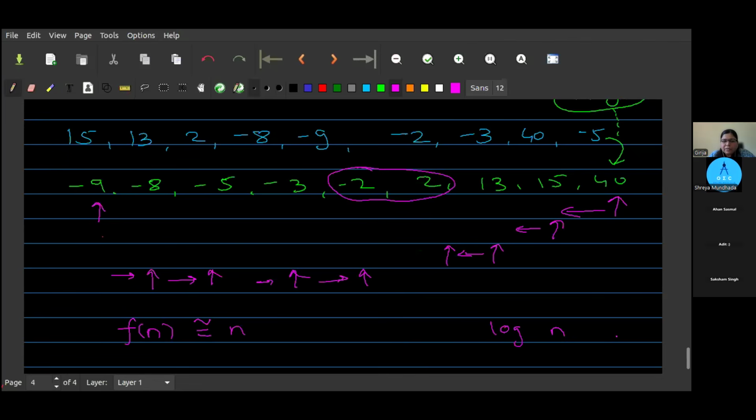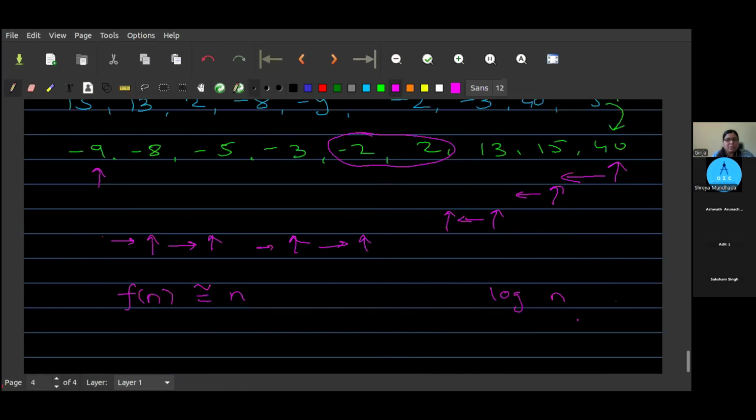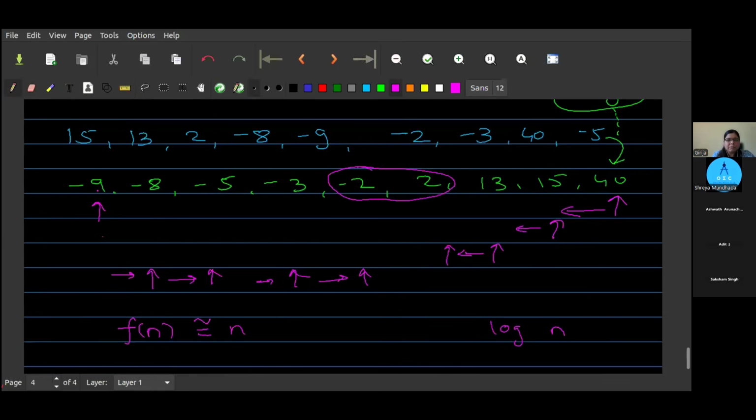Does anybody think that it will take more than n, something like quadratic in n? Earlier we required quadratic because we couldn't miss a pair, and there are nC2 many pairs. So it can possibly take that many. But now we are still looking at the pairs, but since we have this sorted order, every time we are reducing our problem size by one, either from the left side or from the right side.